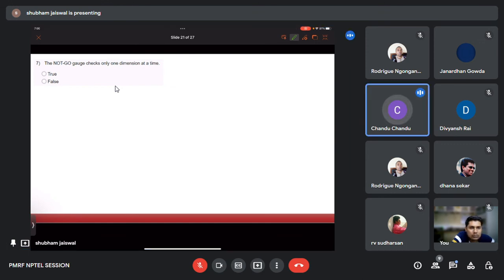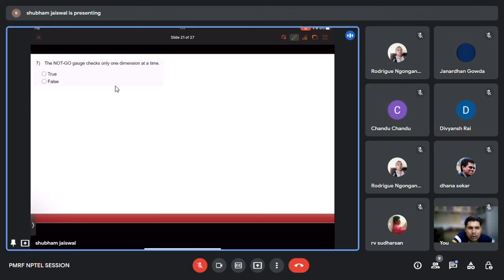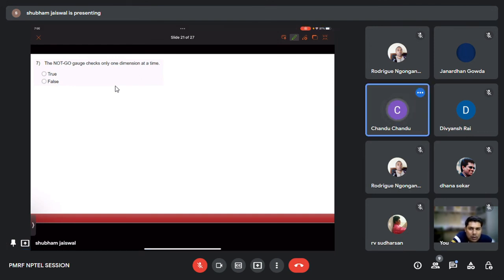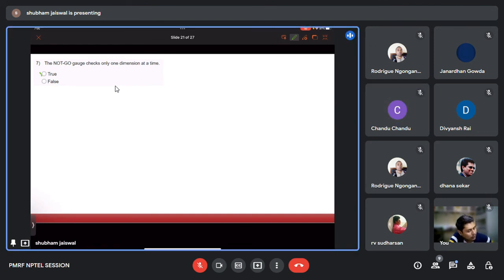Sir, in go gauge, it checks all possible dimensions like location and thickness, and not go gauge only checks one dimension at a time. Okay. And that principle is known as? Taylor's principle. So the correct answer is true, and it's Taylor's principle.